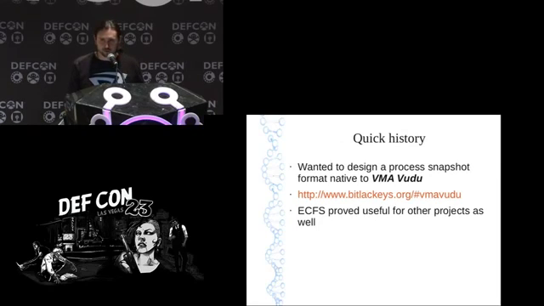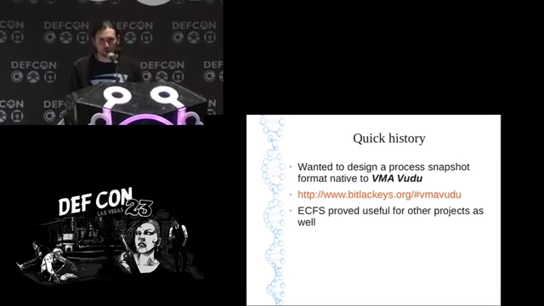Well, this was just a prototype, and it worked on 32-bit Linux about 5 years ago. And fast forwarding in time, about 6 months ago, I was thinking it would be really cool to rewrite that software and put it in more of a production-ready state, but I thought it would be cool to have a native snapshot format. Because the way VMA Voodoo worked is it analyzed live process memory, or it took raw memory snapshots of the process.